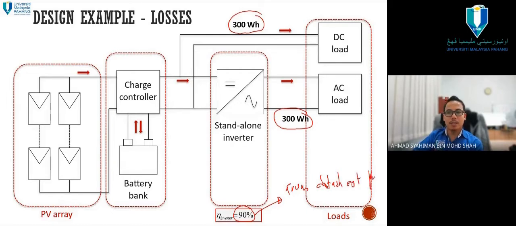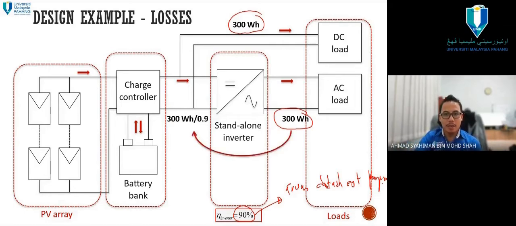A proper data sheet. Okay. Then we have that 90%. The logic is that after the output of the inverter, the target must be 300 watt hours, because we need 300 watt hours for the AC load.